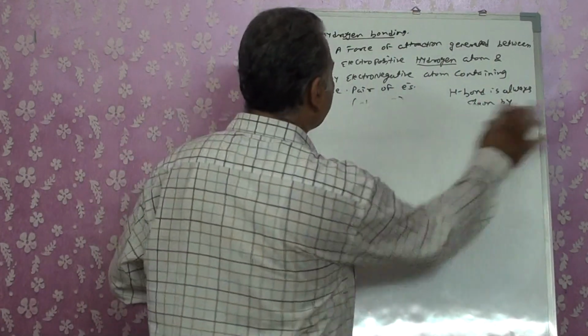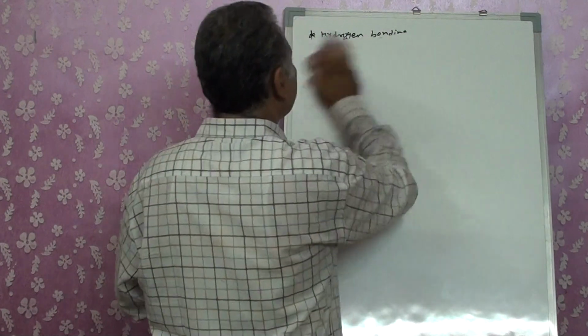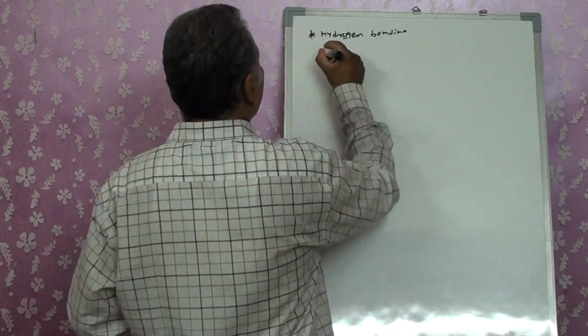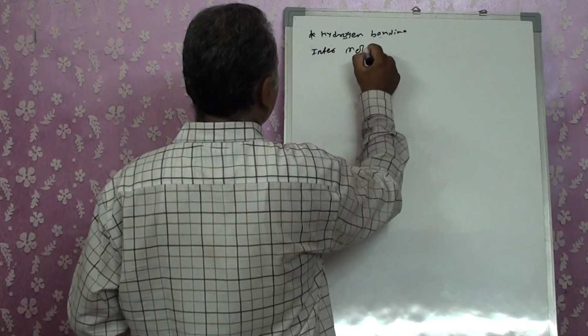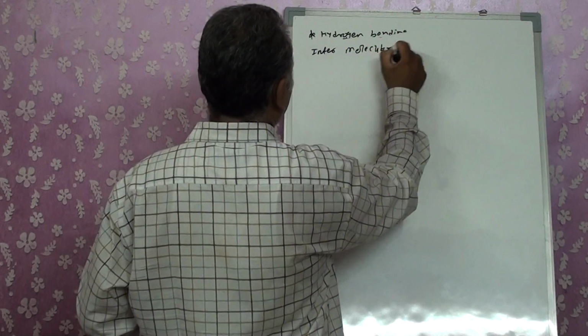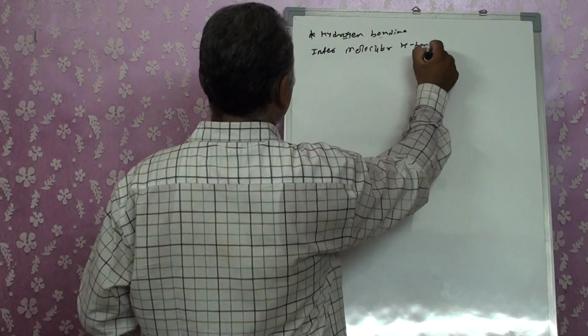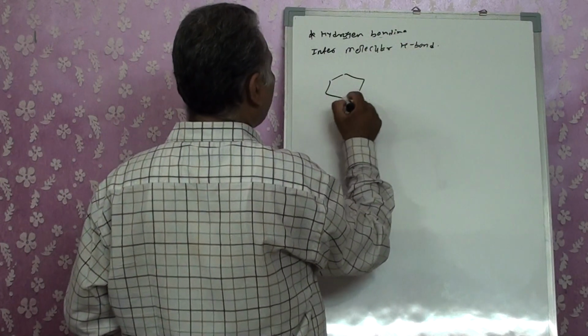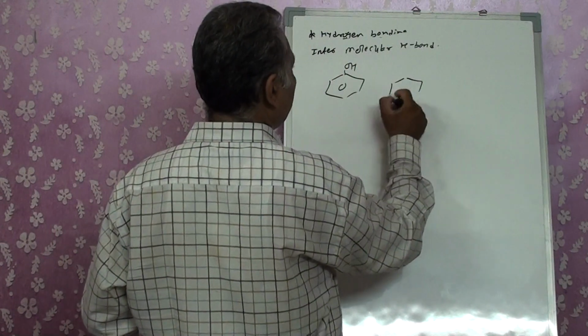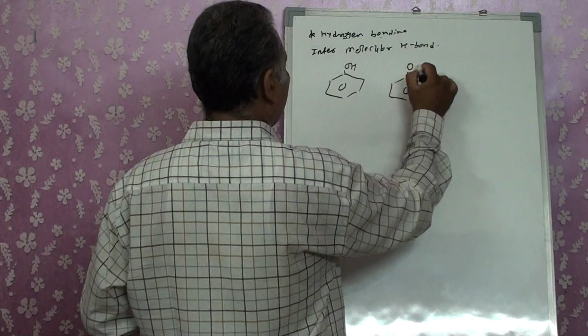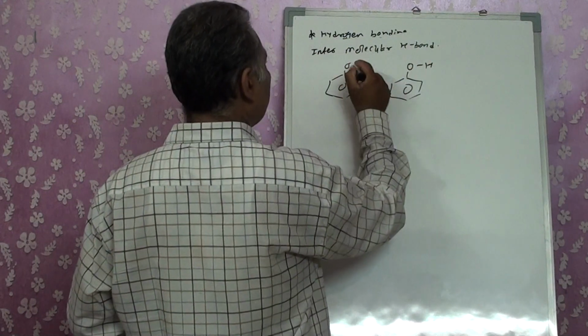Let's see both the types of the structures. Intermolecular hydrogen bond. We'll take phenol as an example. It's getting bonded. Now, oxygen hydrogen is there.